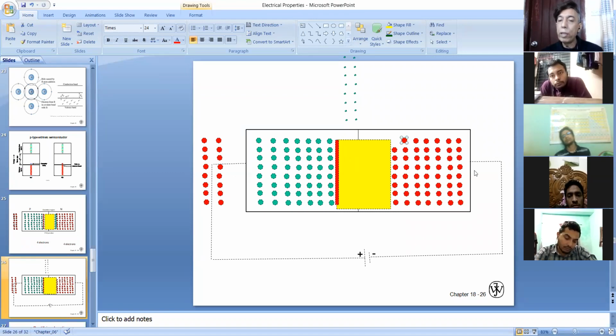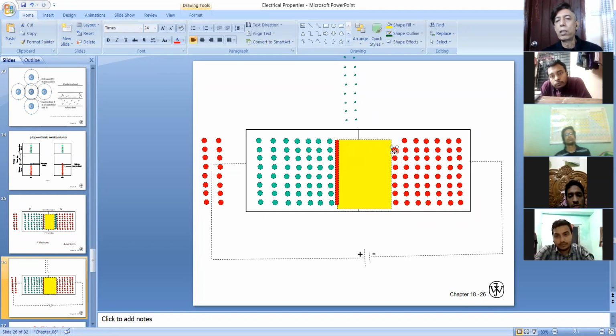Now, if the energy of this battery is sufficient, then all these electrons will go towards itself.